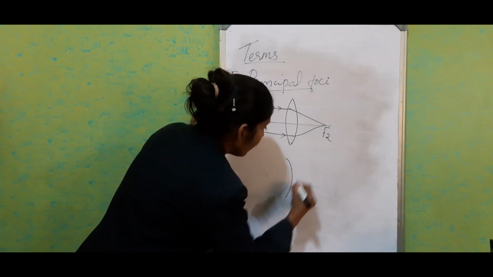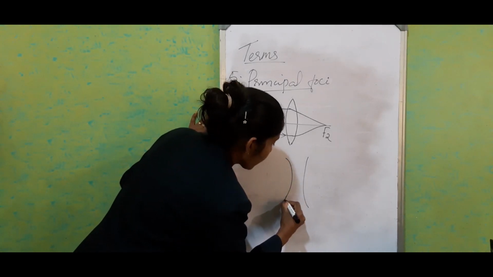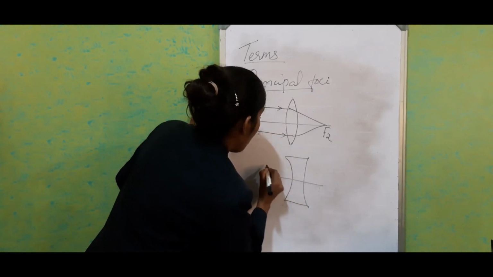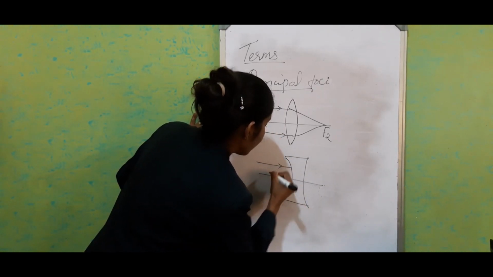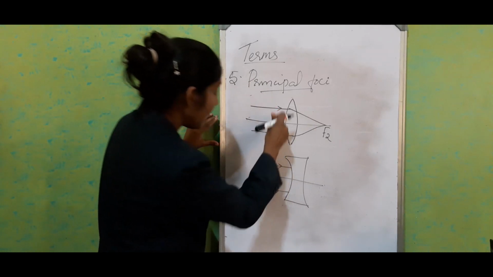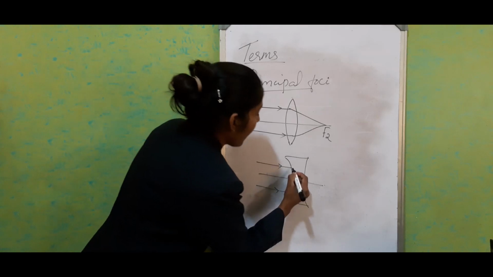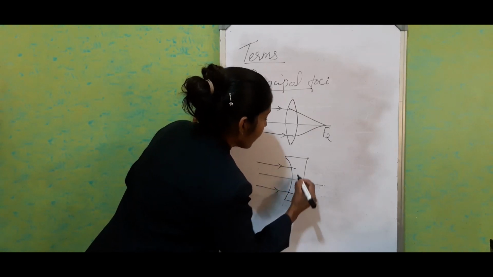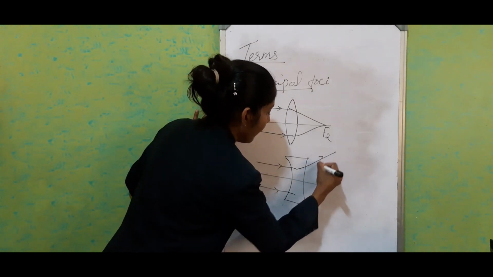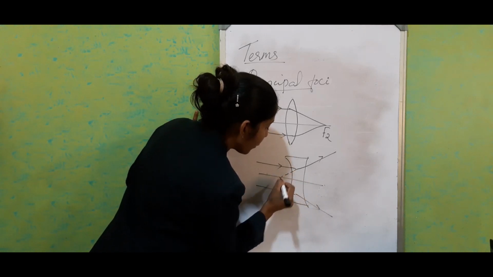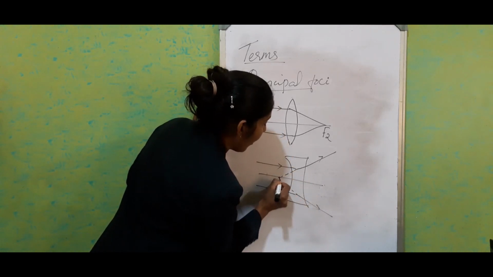And in the case of concave lens, the incident rays are parallel to the principal axis. After the refraction, the light rays are diverging, so they appear to start from a point.